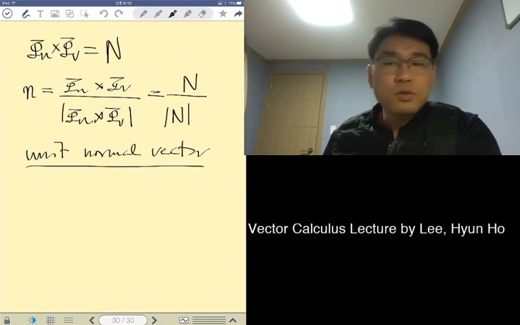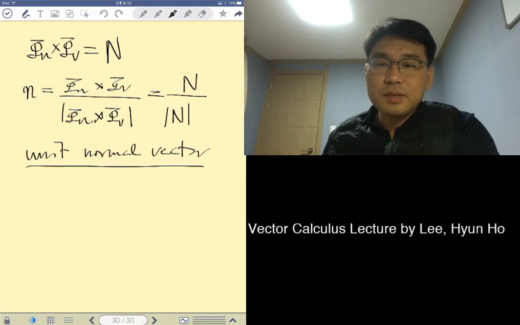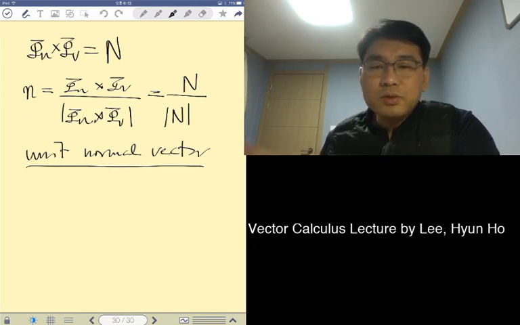It is one of the normal vectors, and we also have the opposite direction, the plus and minus sign. Later I will explain how to determine this plus or minus sign, but anyway, we need to be consistent with the sign. Once you choose the plus sign as the outward direction, then we just keep that direction.